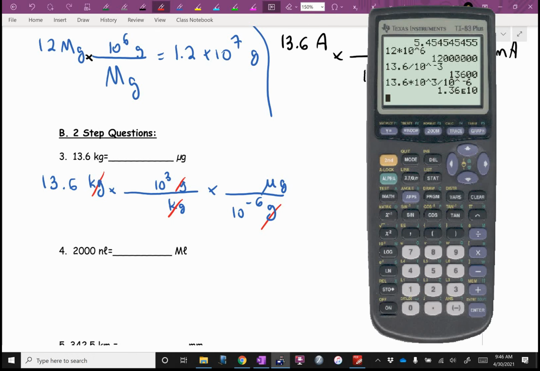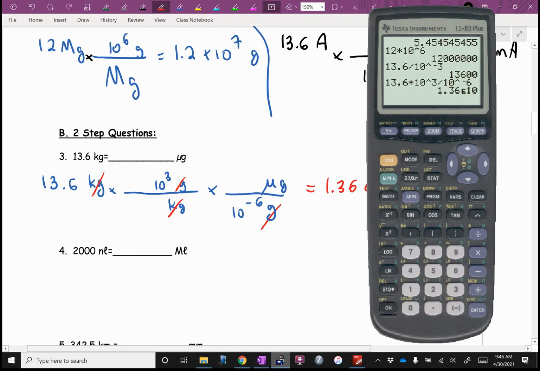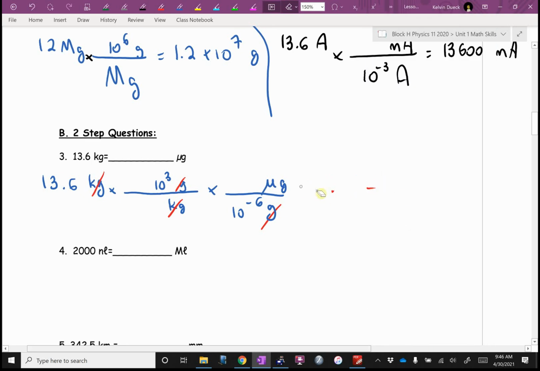And my calculator gave me an answer in scientific notation, but here's what I don't write. Look up. I don't write 1.36E10. That's what my calculator displays. I know that scientific notation looks like this: 1.36 times 10 to the 10th. I have to fill that in myself.